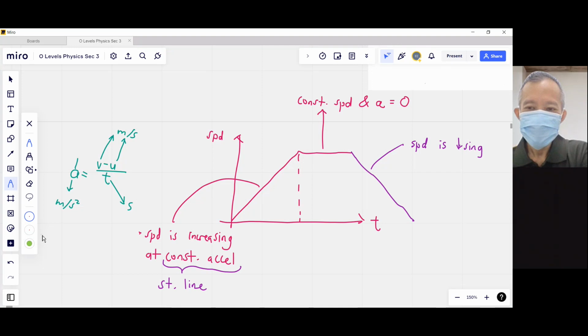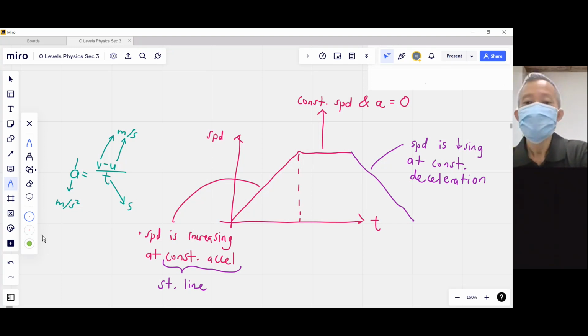Okay. At constant, but the first point was correct, so it's at constant deceleration. All right, so make sure you can recognize acceleration versus deceleration.